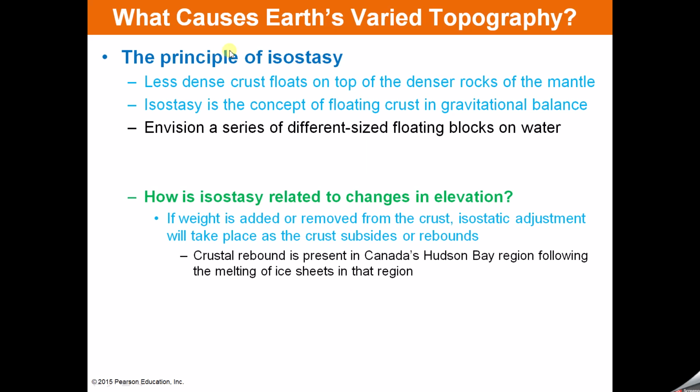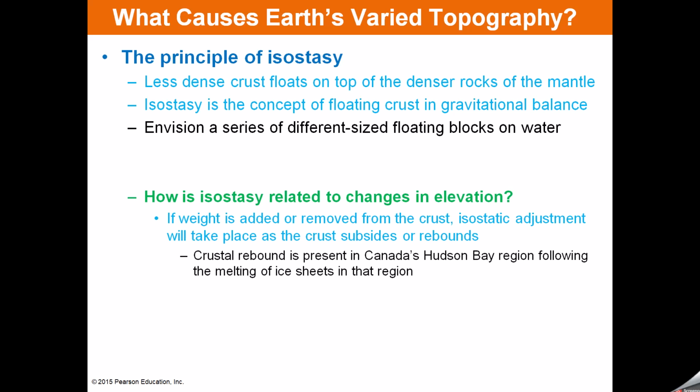Now what causes Earth's varied topography? Why does the Earth have different topographies? This is the principle of isostasy. Less dense crust floats on top of the denser rock of the mantle. So we have crust, light crust floating above the mantle.